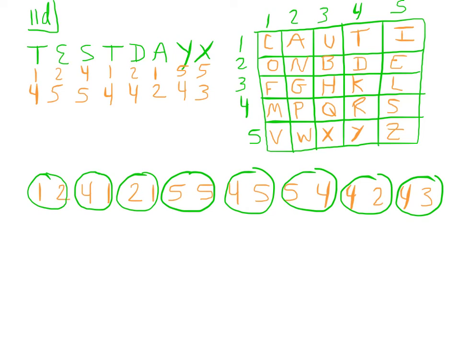So row 1, column 2 is an A. Row 4, column 1 is M. Row 2, column 1 is O. Row 5, column 5 is Z. Row 4, column 5 is S. Row 5, column 4 is a Y. 4, 2 is P. And 4, 3 is Q.